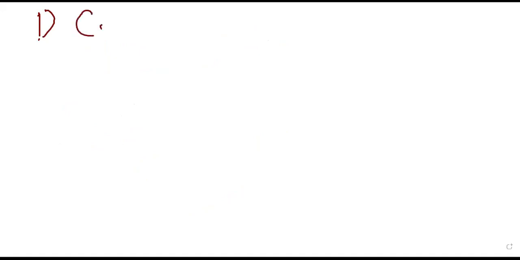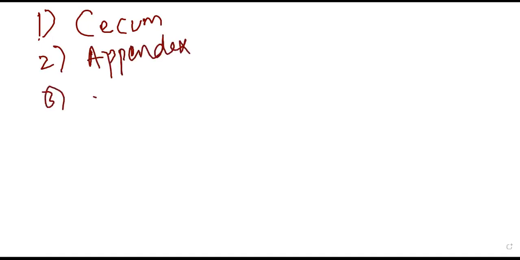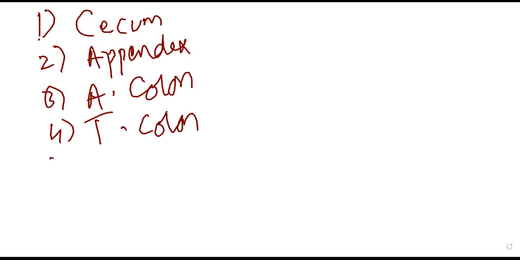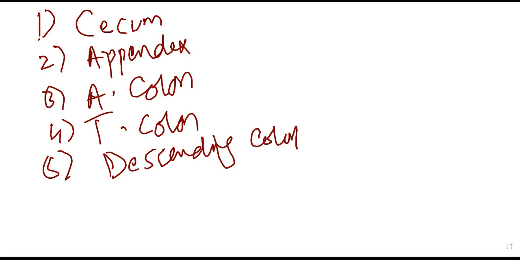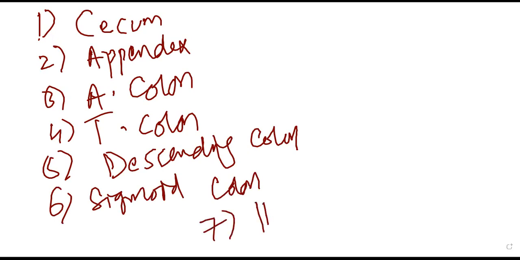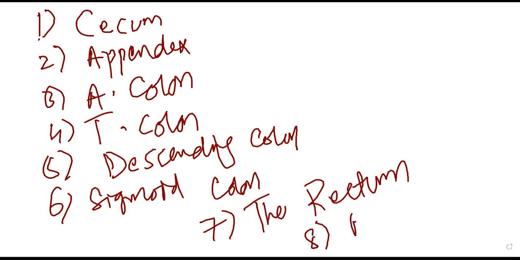The first part is the cecum, the appendix, ascending colon, the transverse colon, the descending colon, the sigmoid colon, and the rectum. These are the parts of the large intestine. And one thing which I forgot is the anus or anal canal.